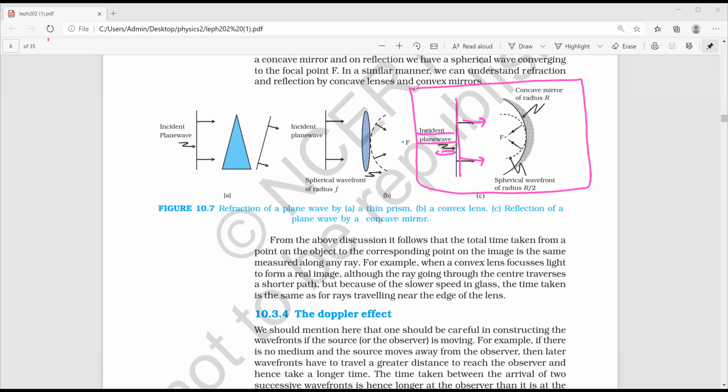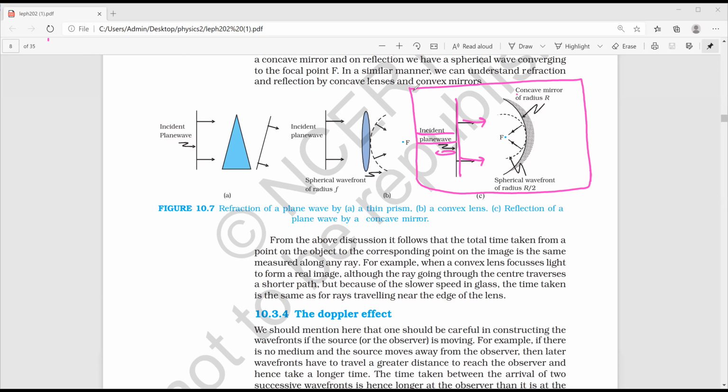The central portion of the incident plane wavefront travels through the greatest distance before and after getting reflected as compared to the edges. On reflection from the concave mirror, we have a spherical wavefront converging to the focal point F. That is already shown in this diagram.